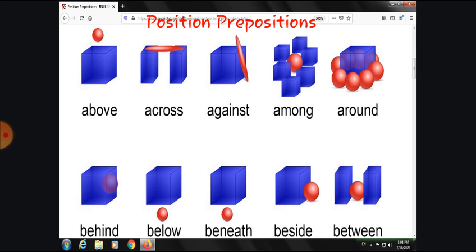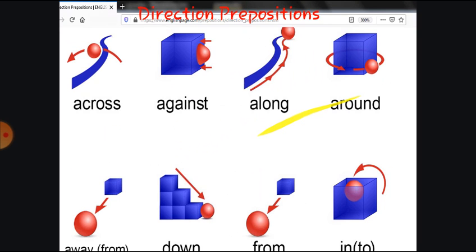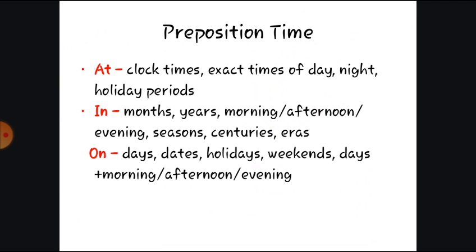So let's discuss how in as a preposition is used through some examples.